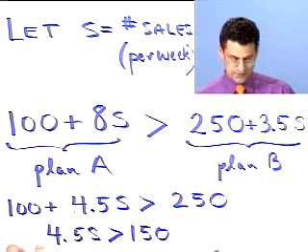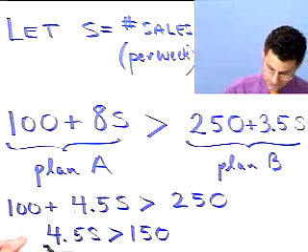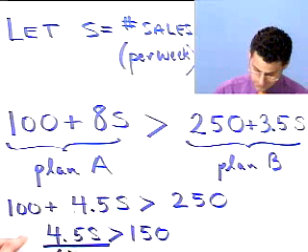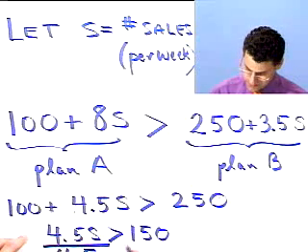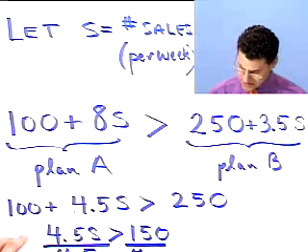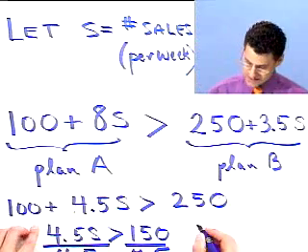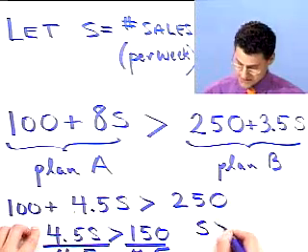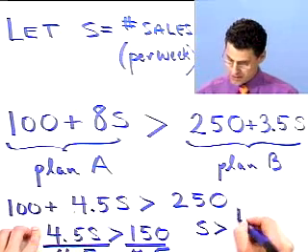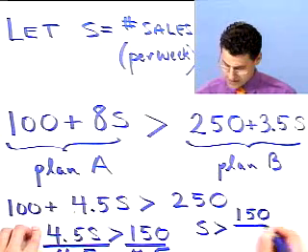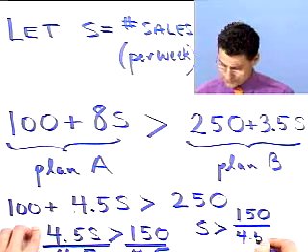So if I divide both sides by 4.5, do I switch the sign? Absolutely not, because 4.5 is positive. So what I would see is S is greater than 150 divided by 4.5.